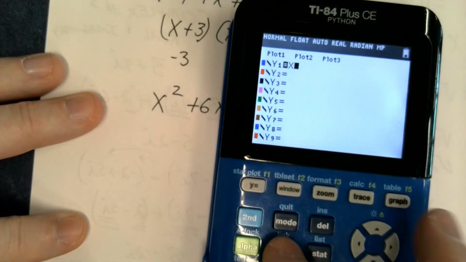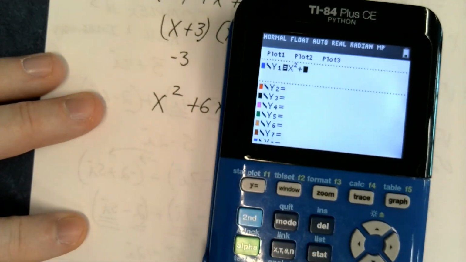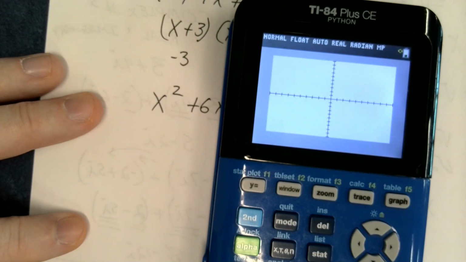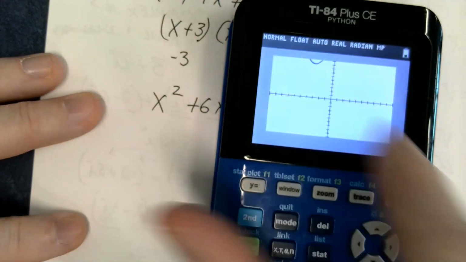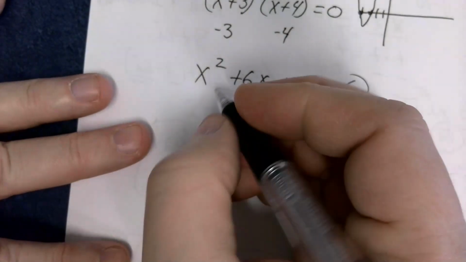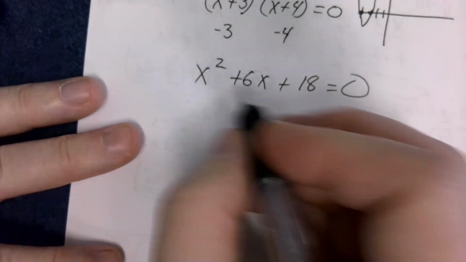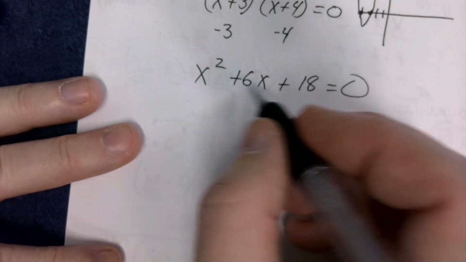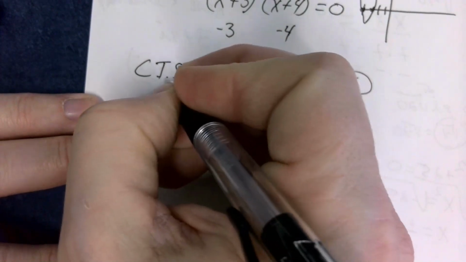And I did x squared plus 6x plus 18, and I hit zoom 6, you can see that that parabola doesn't touch the x-axis, which means that it has to have imaginary solutions. So I'm going to go ahead and try this. Well, it's not factorable for me right now, because of the factors of 18. So I'm going to have to do that completing the square process for this.